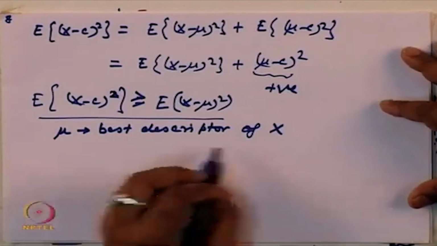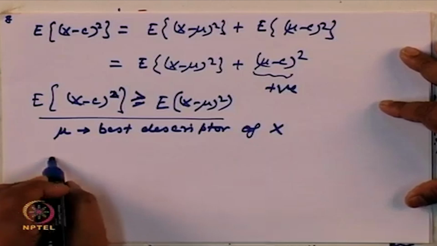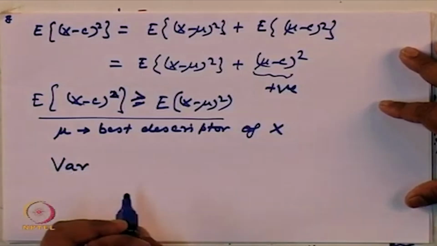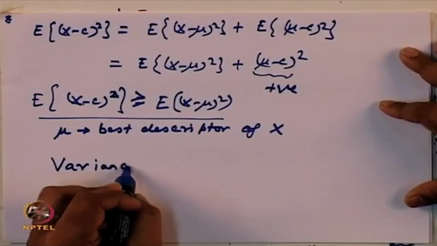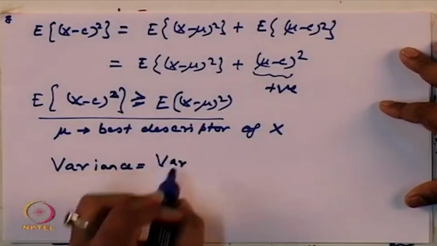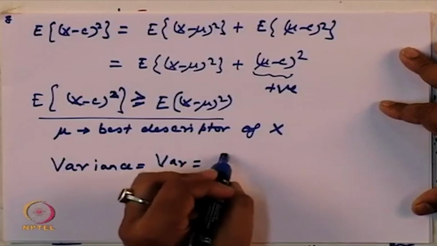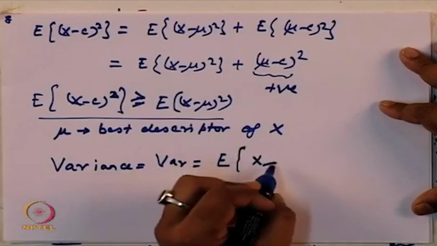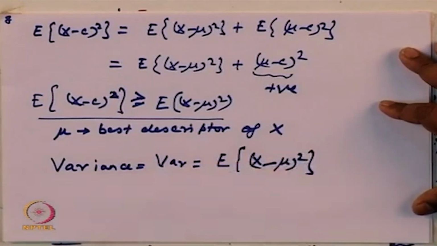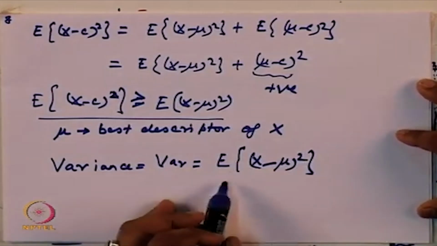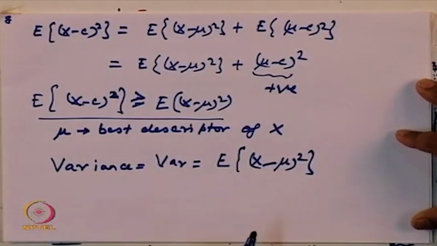So, while we have defined this, we can also define variance, okay. Variance is defined as expectation of... okay. So, variance is nothing but expectation of (x minus mu) whole square, okay.